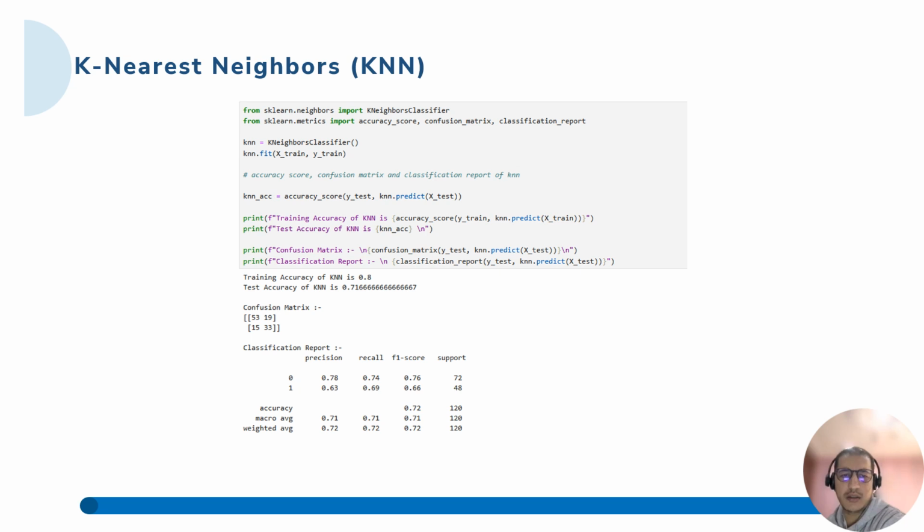The K nearest neighbors, the KNN, and this is the result we obtained. We obtained a training accuracy of about 0.80 with a test accuracy of 71%.